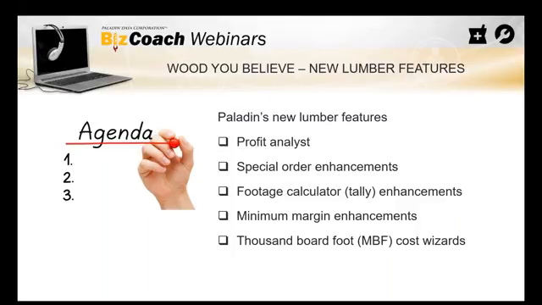Special order enhancements, there's some significant special order enhancements, primarily enabling the system to process deposits, which was a separate transaction before. We'll talk about that. Footage calculator enhancements, if you use it, if you don't, I'll show you what it is, and you might find a way to leverage that tool. And minimum margin enhancements. We can set minimum margins across the board, but we've got other ways to set minimum margin as well, so you can tailor it to your needs. And then, of course, the 1,000 board foot cost wizard, which we'll talk about.